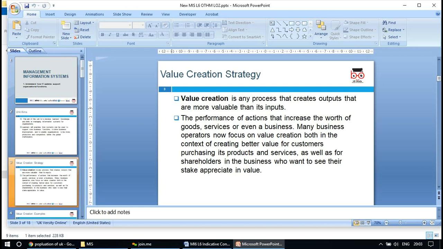Basically you shared the ownership. You sold it, for what purpose? There could be multiple purposes.